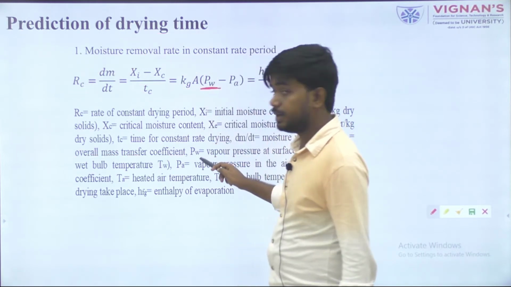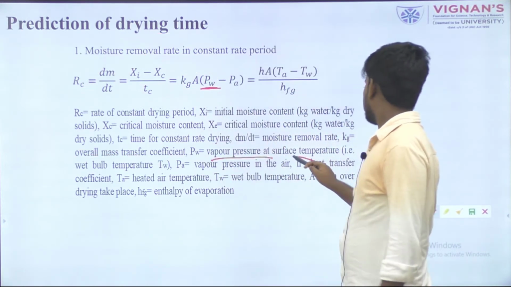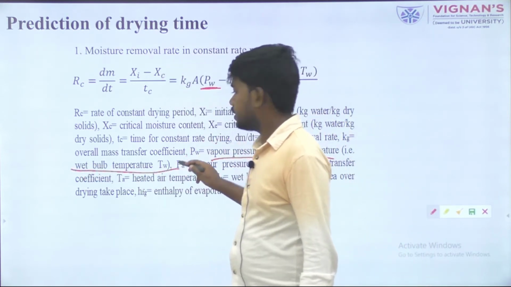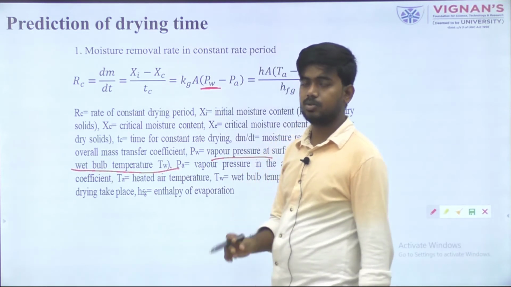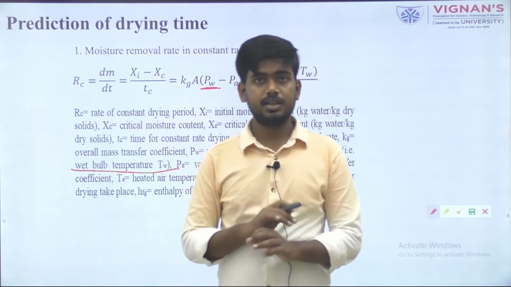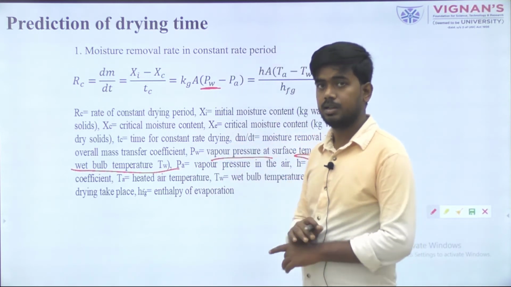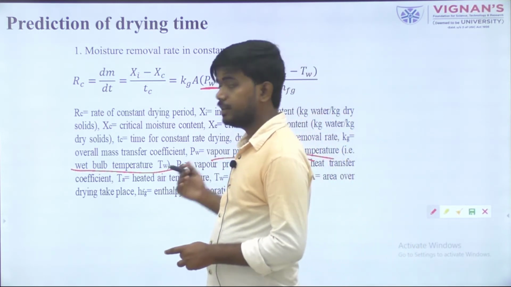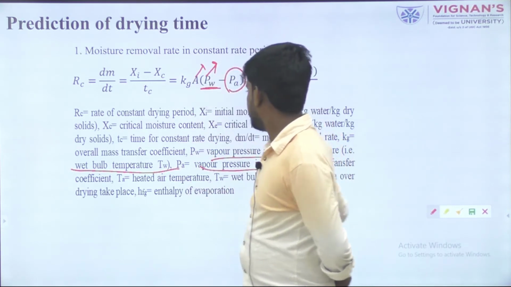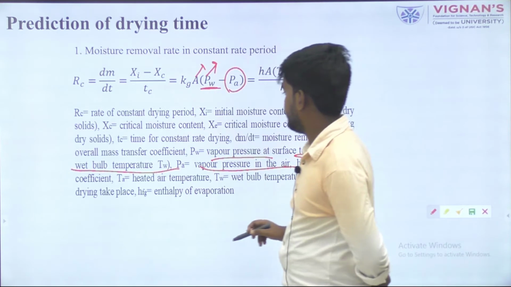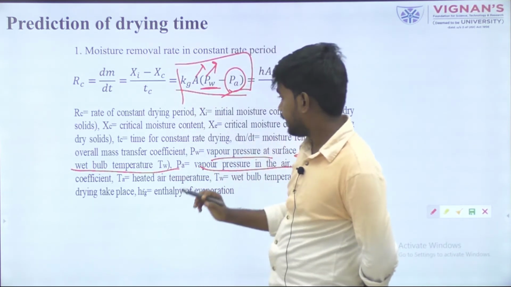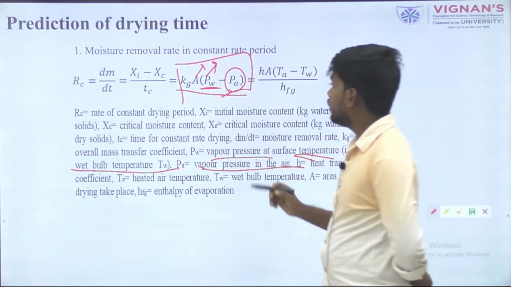Pw represents the vapor pressure at the surface temperature. As I told earlier, in drying calculations we always consider the wet bulb temperature. The dry bulb temperature is not used for any drying calculation. A is the area, and kg is the overall mass transfer coefficient. Using this formula, we can also get the moisture removal rate.